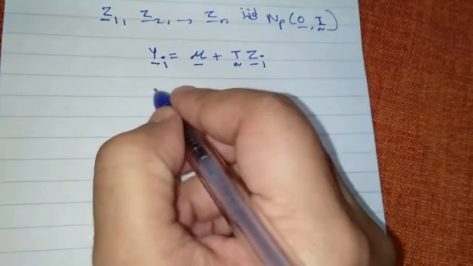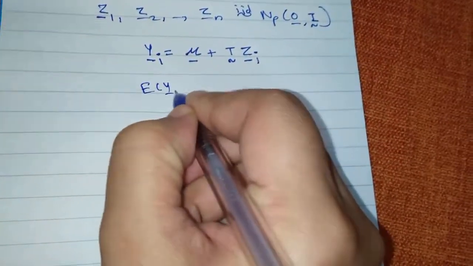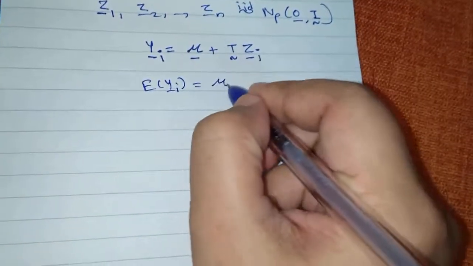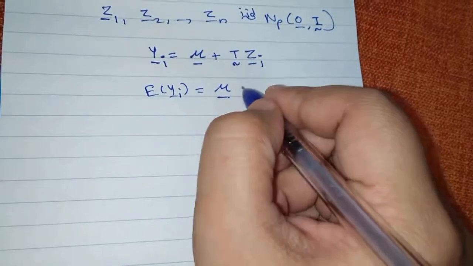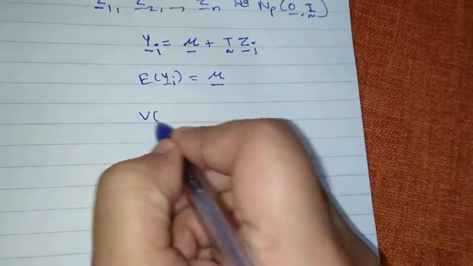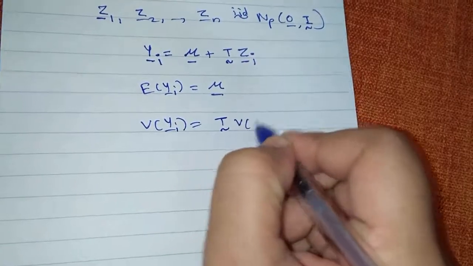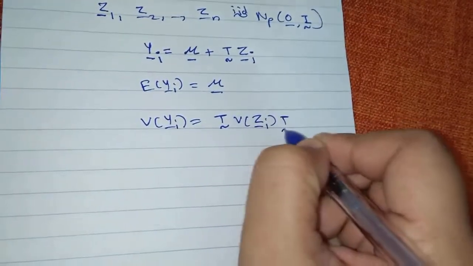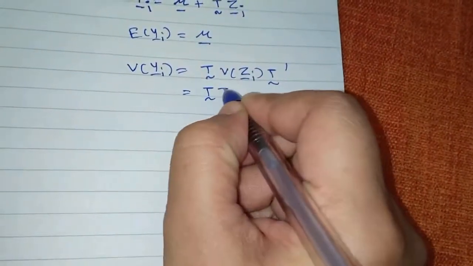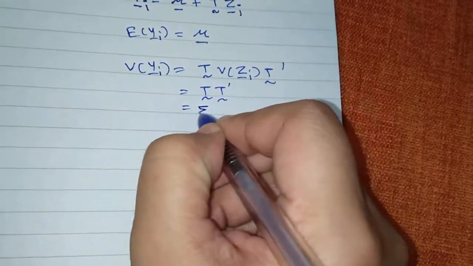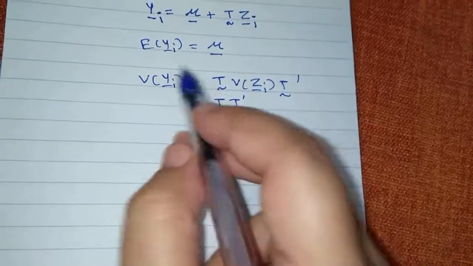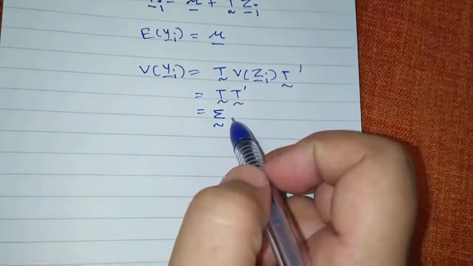What is the benefit of it? Expectation of yi would be mu. Expectation of zi is 0, so it won't contribute. Variance of yi would be, this won't contribute, so T times variance of zi times T prime. We have seen this property, so this becomes T T prime, and we know that T T prime is sigma. So that is what we want: expectation to be mu, variance to be sigma.